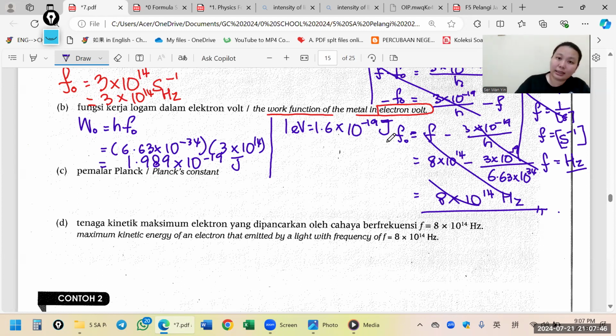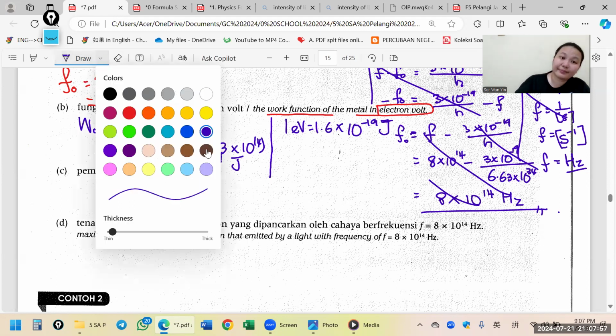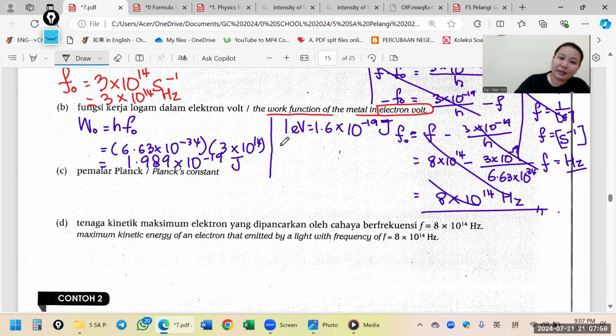So actually it's like your molarity. Okay, so the concept is like this. 1 dozen of pens is 12 pens.